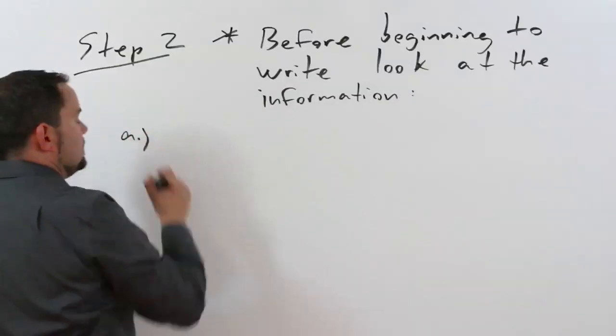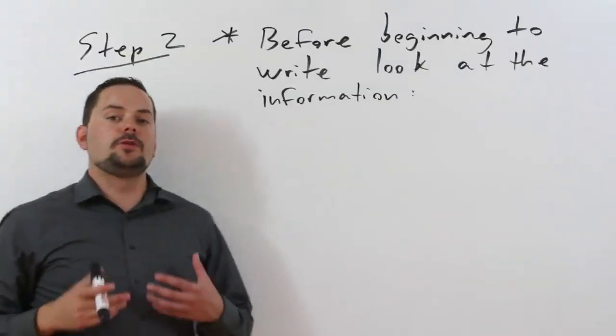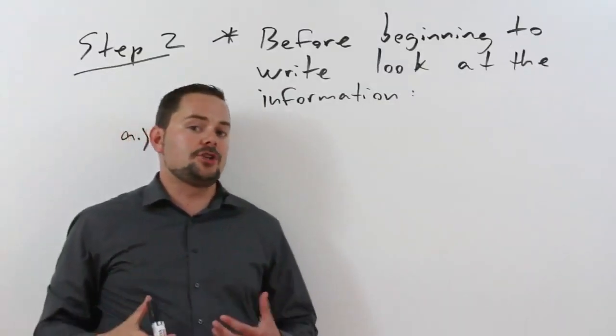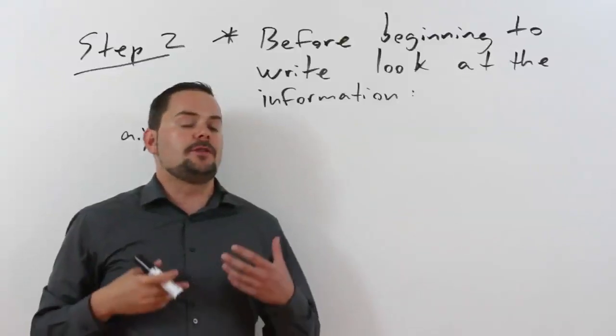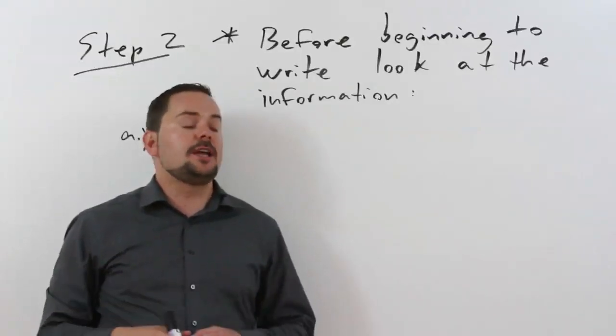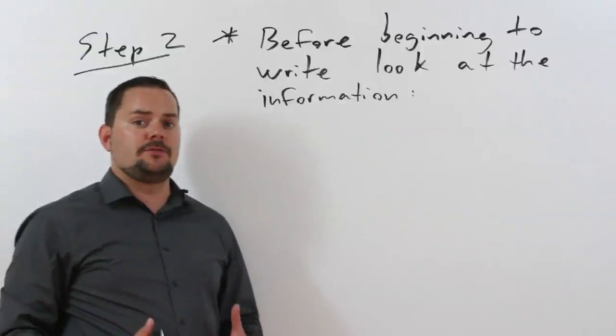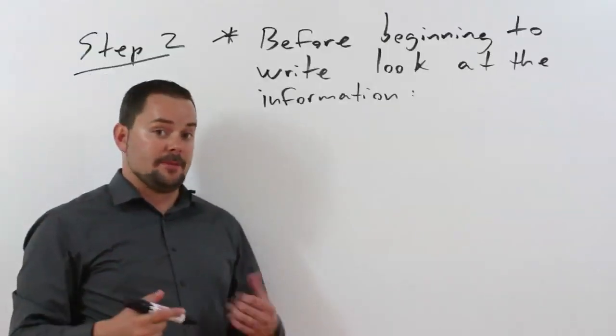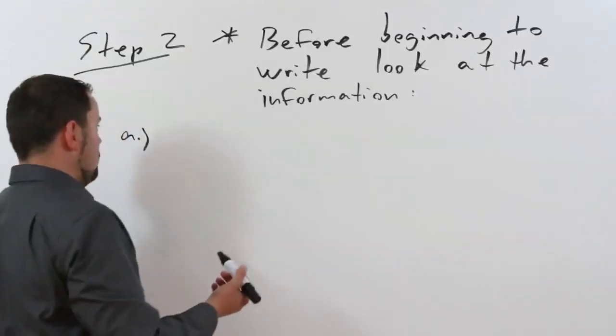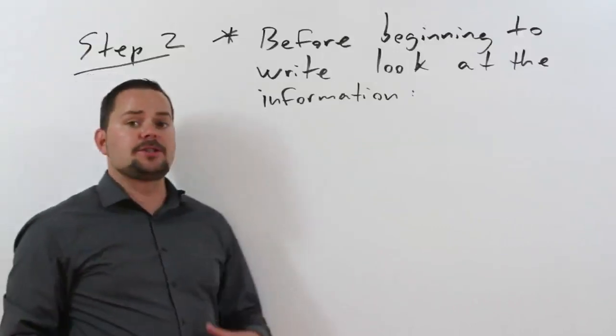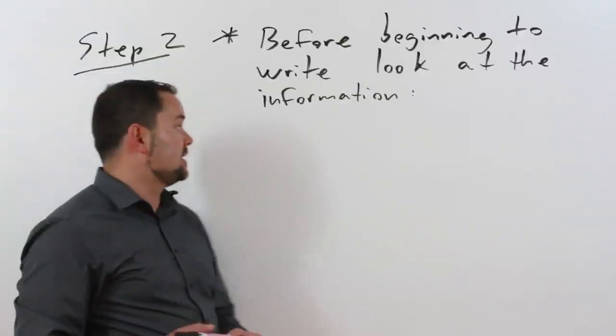And what that means is, first you want to identify the key features, the main features of the graphs and charts and tables. The question asks you for that, so it says identify the main features. We're talking about the titles, the axis titles, the data that's given, and so on.